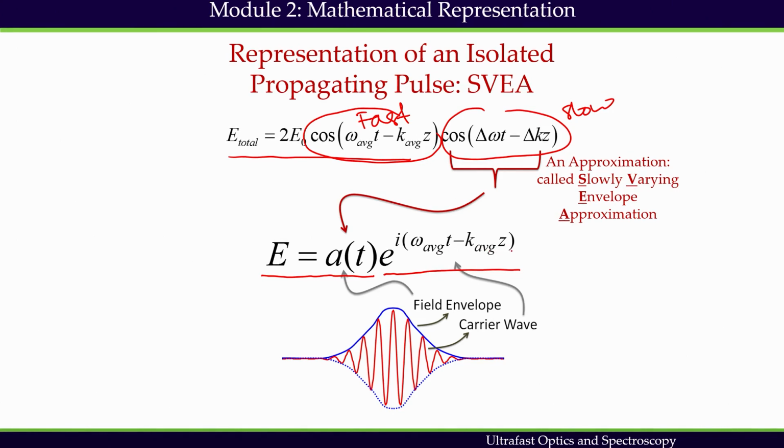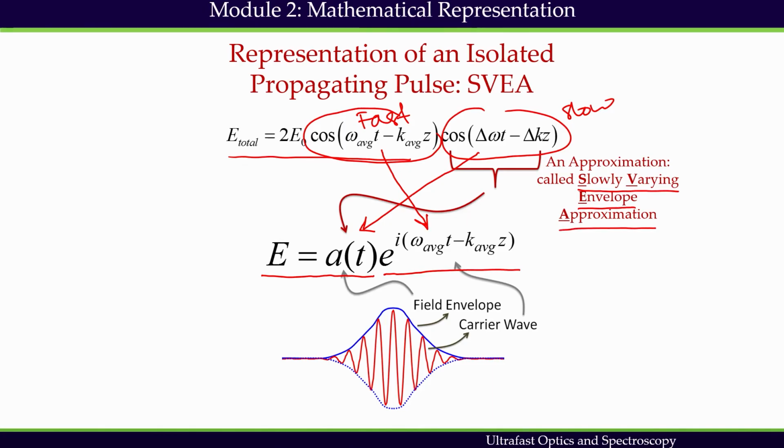We note here that we have kept the fast varying component, but the slowly varying component is approximated to an envelope function, and this approximation is called the slowly varying envelope approximation.